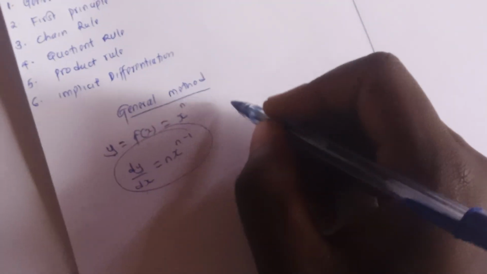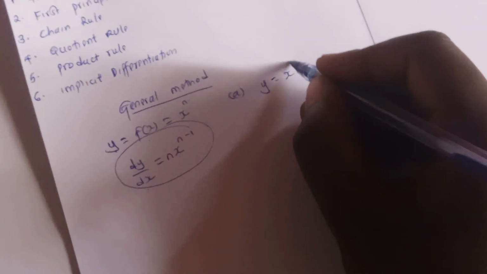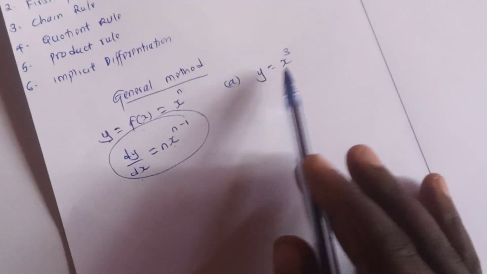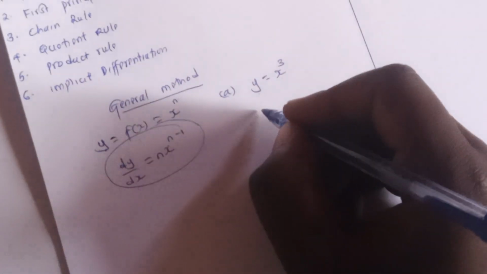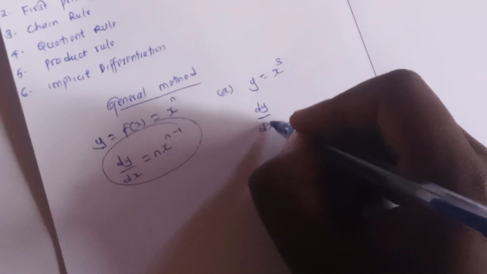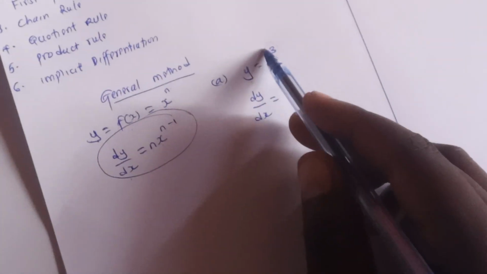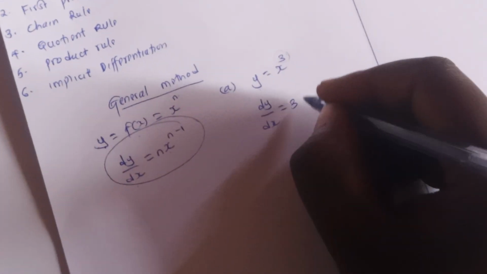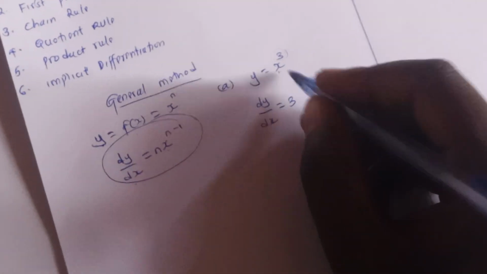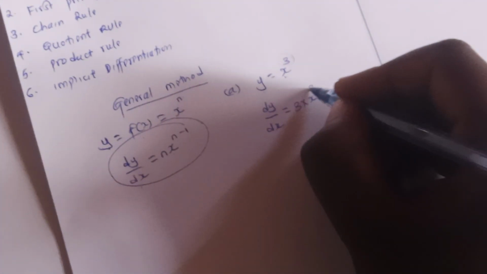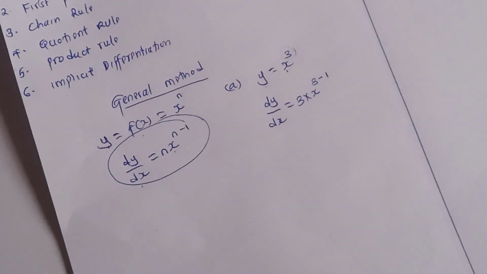If you have been given a function y equals x cubed, and I differentiate y with respect to x, I will have dy/dx equals: I take the power, I multiply by the base x, then I subtract 1 from that power of 3.